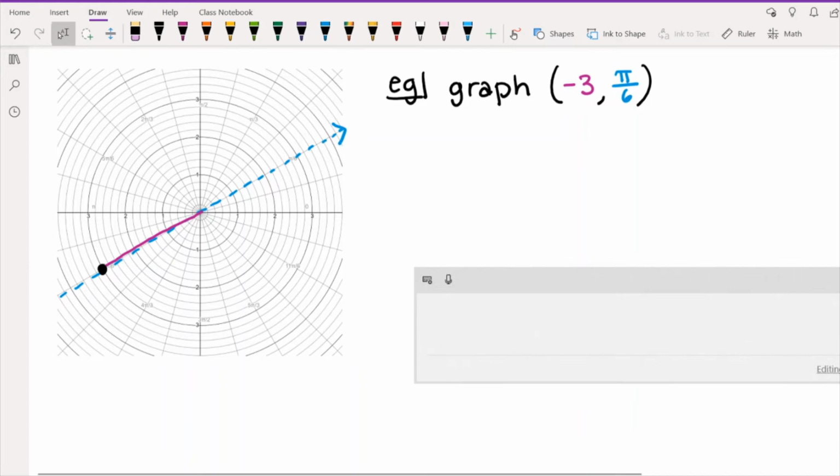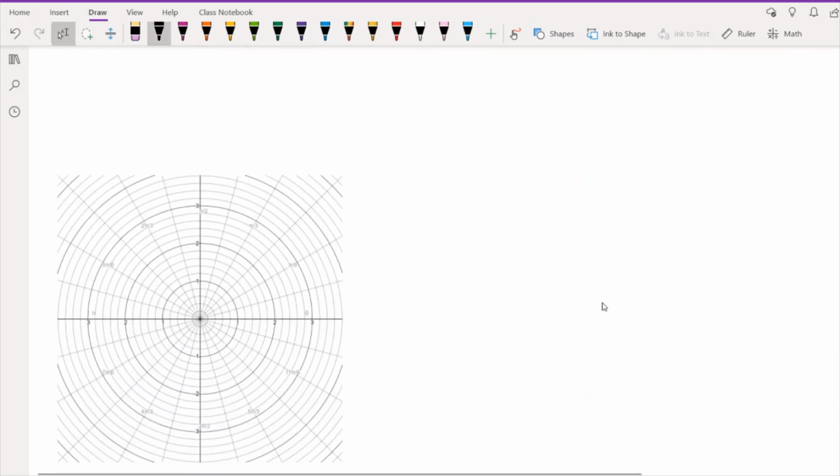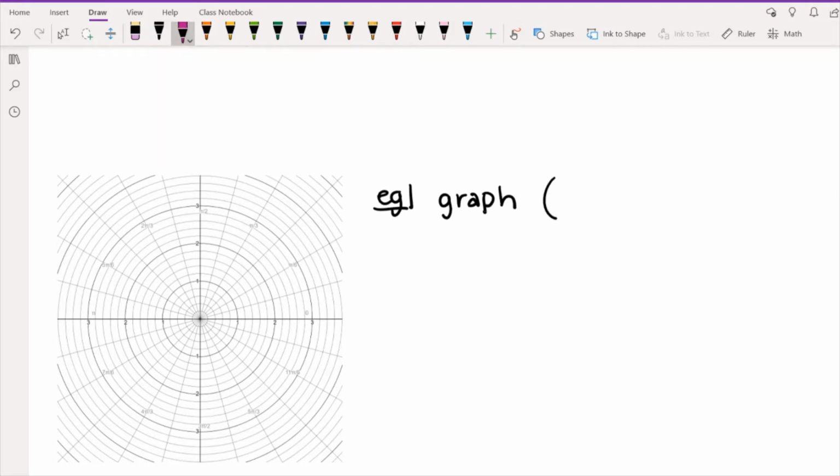All right, let's do just one more. So let's graph the point 2. Actually, I'll make this a little harder. Let's do -2, comma, 7 pi over 4, is what I meant to say.